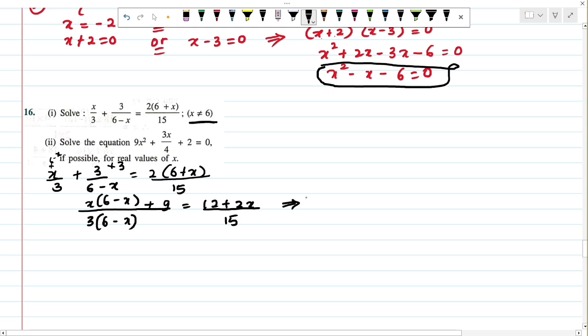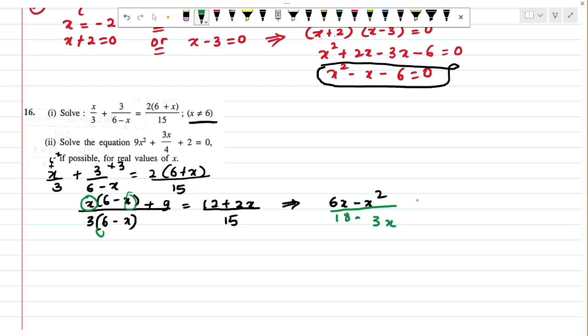In the next step we will write it as x into 6 is 6x minus x squared, so this x and this x can be written as minus x squared, whole divided by 6 3s are 18 minus 3x, which equals, so I'll keep this as it is, 3(6 - x), equals (12 + 2x) divided by 15.